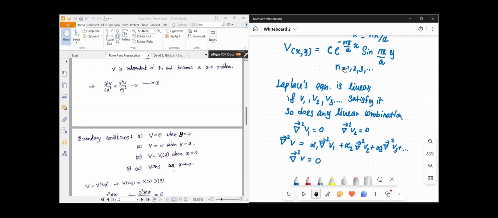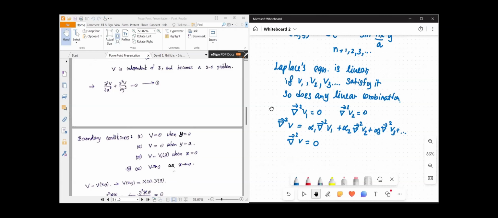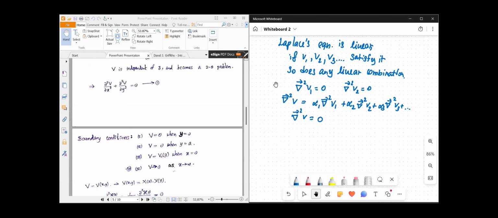And we know for each n, it satisfies the Laplace equation. Then we are going to consider all of these n values. When we consider all the n values, we can write the potential V of x and y is equal to, now we have constant c when we only consider one of these n.